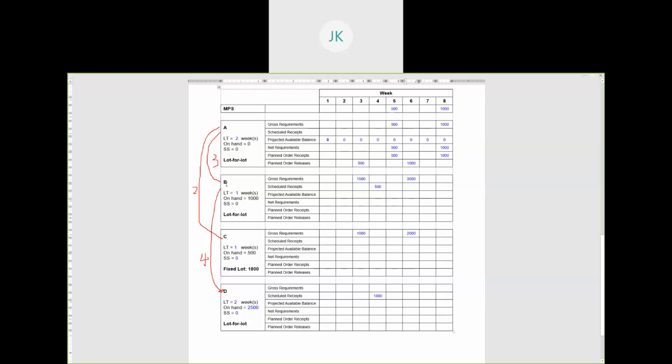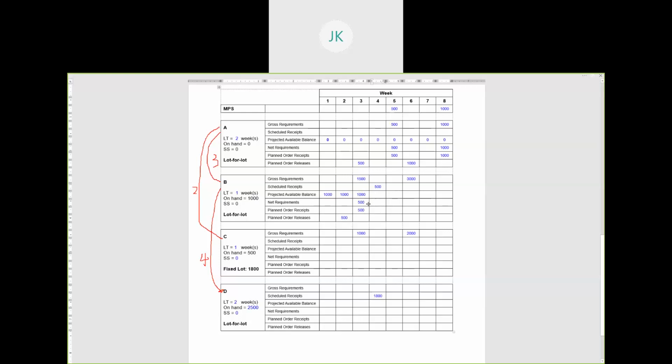Okay, so for part B, the initial balance is 1000 available. The net requirement is 1500 minus 1000, which is 500, because this one uses lot for lot, so order that amount, receive that amount, with 1 week lead time, 1 week earlier.